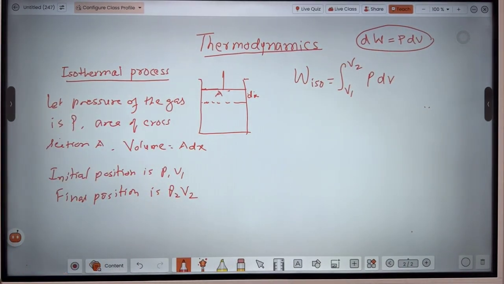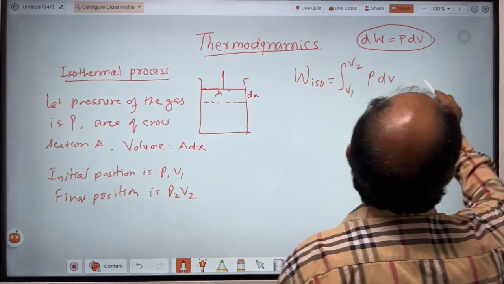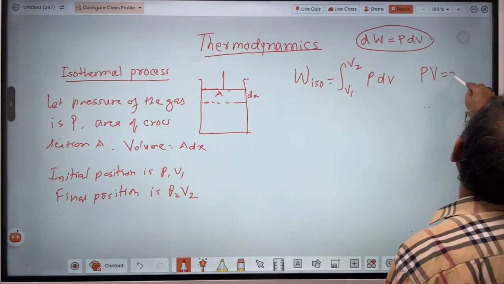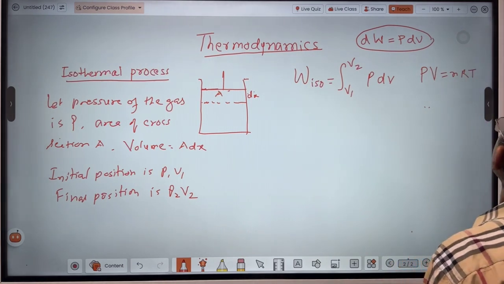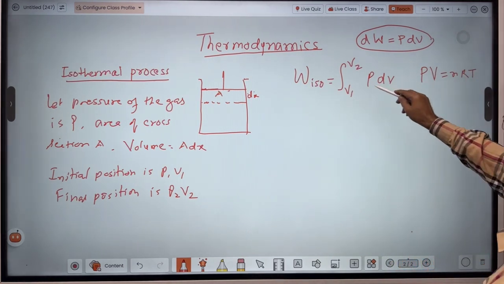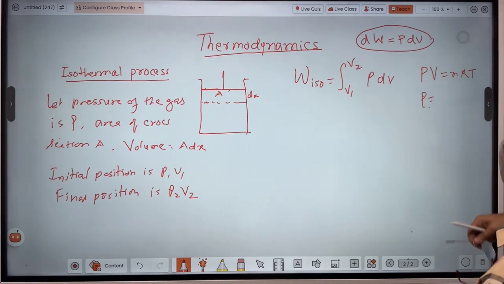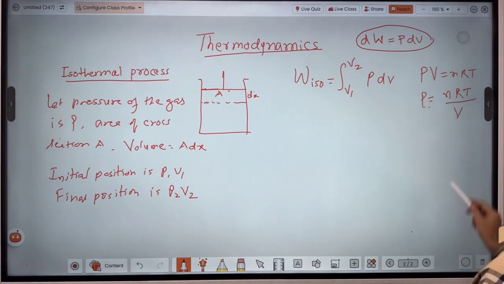Now what can we do further? Here we can write the equation of state since the process is isothermal. So the equation of state for an isothermal process is PV equal to nRT, right? Here n is constant, R is constant, T is constant. Here we have P, so we can write P will become nRT divided by V, right?